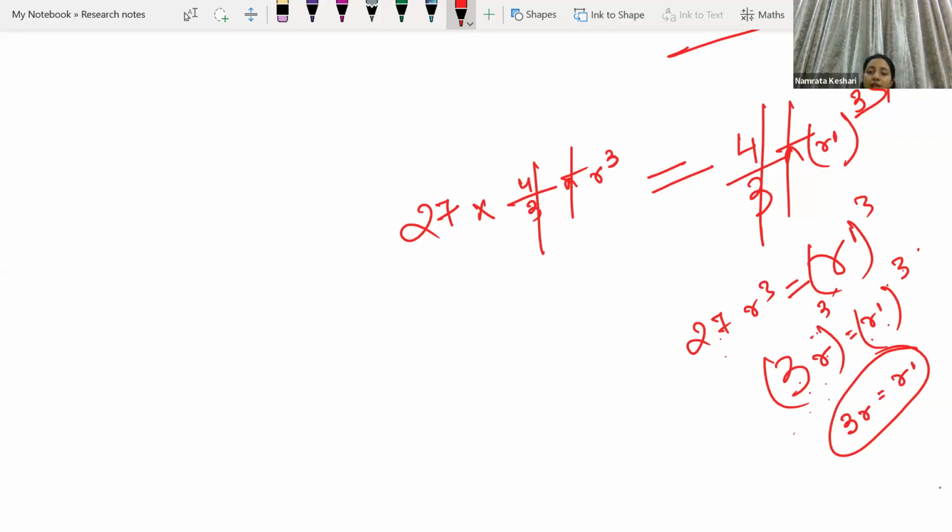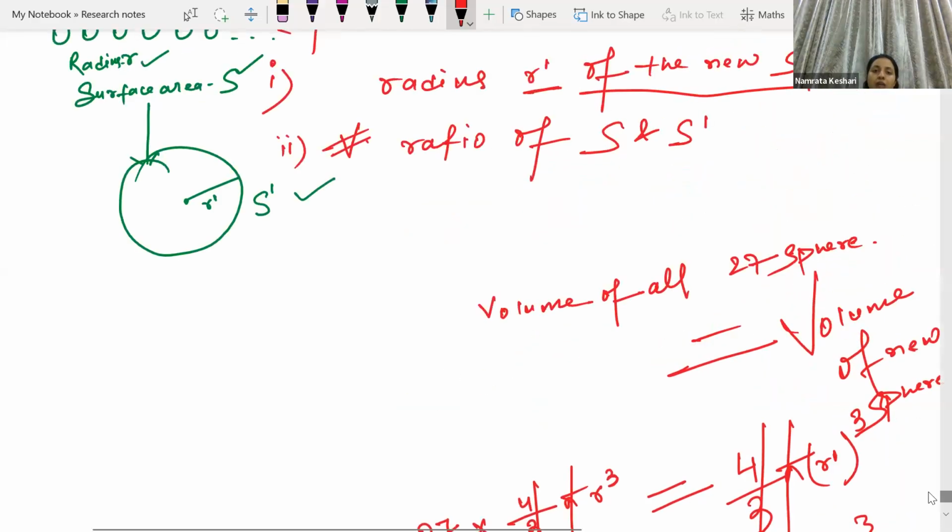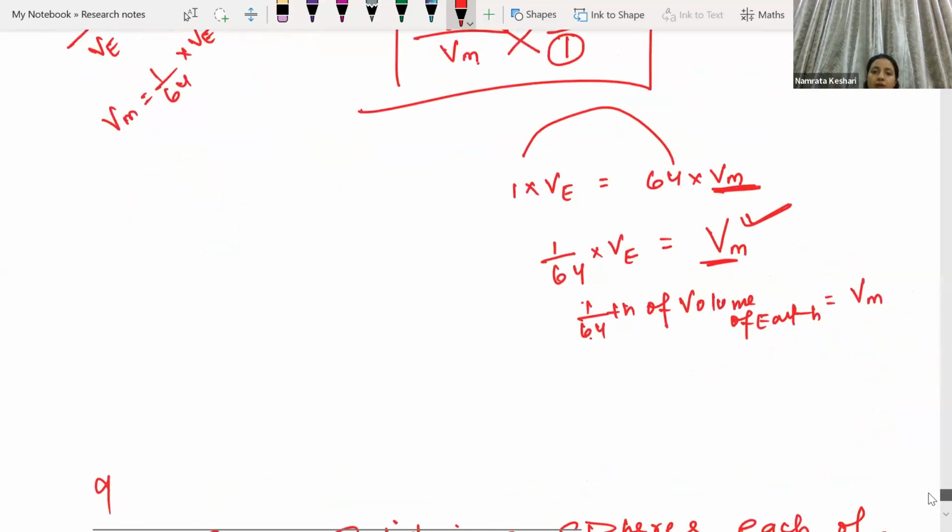Now we got the relation between R and R dash. We also have to find the ratio of S and S dash. S is the surface area of each teeny tiny sphere.